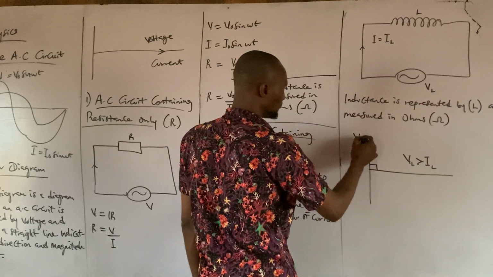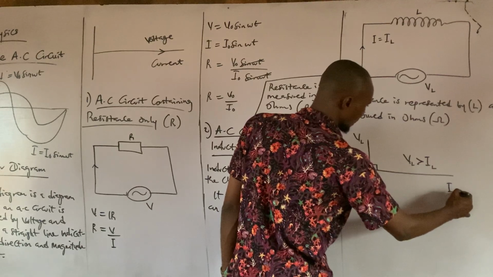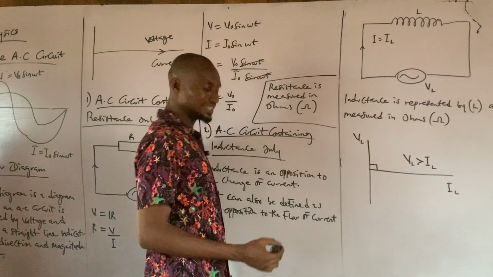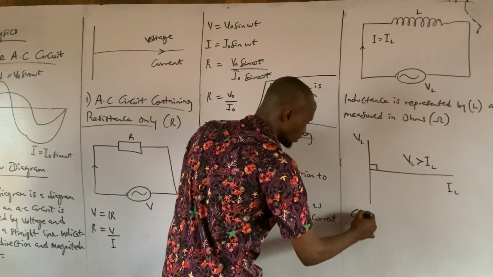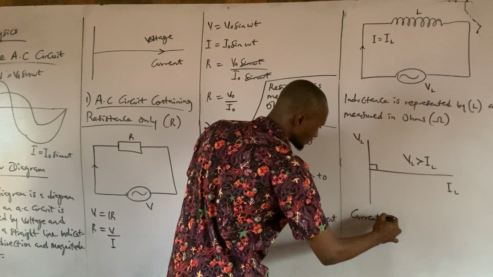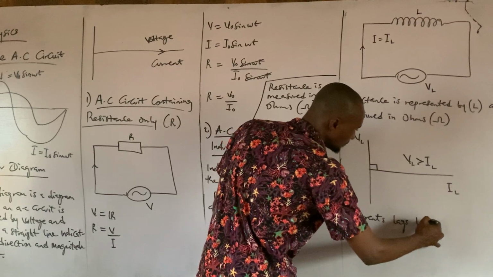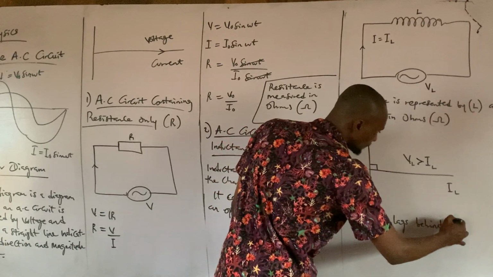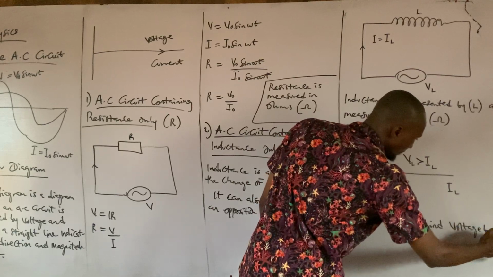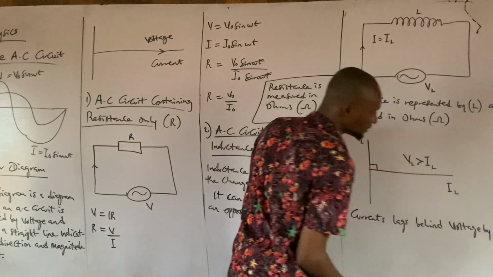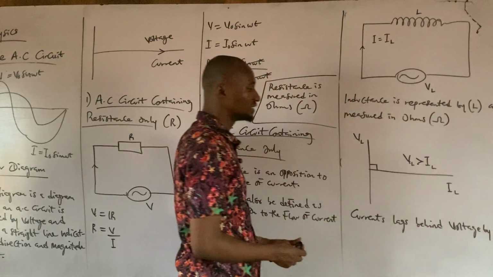That is, here is VL and here is IL. So here we can say that current lags behind voltage by 90 degrees.